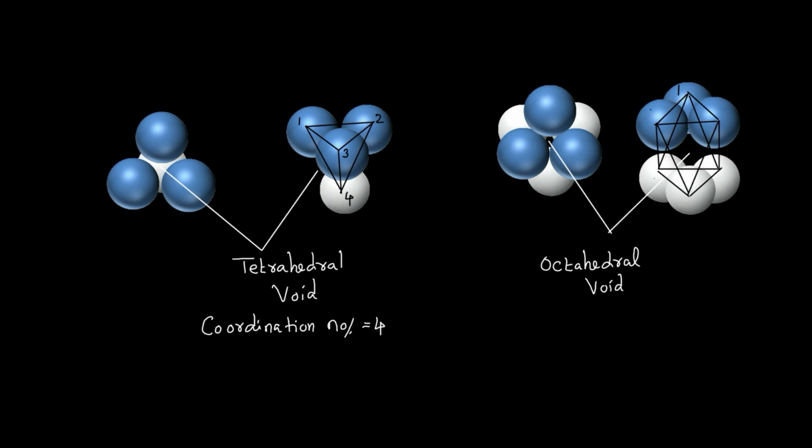Since this void is surrounded by 6 atoms, its coordination number is equal to 6. And if a close packed structure has n number of spheres, that is atoms, then you may have 2n number of tetrahedral voids and n number of octahedral voids.